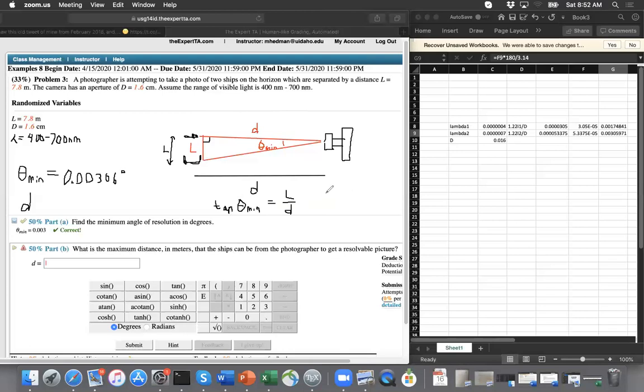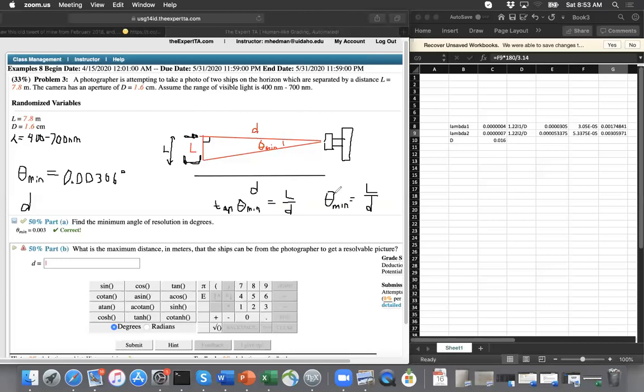It's still basically the case that, since tan theta min roughly equals theta min, theta min is L over D, as long as theta min is measured in radians.